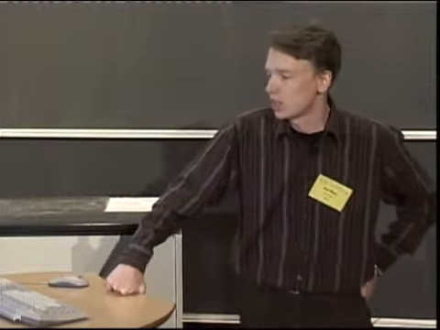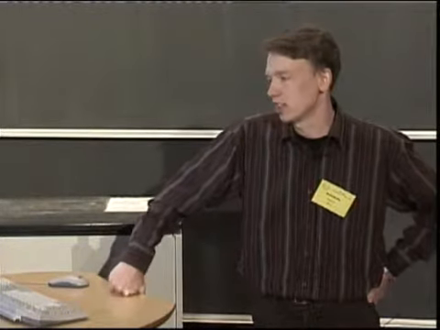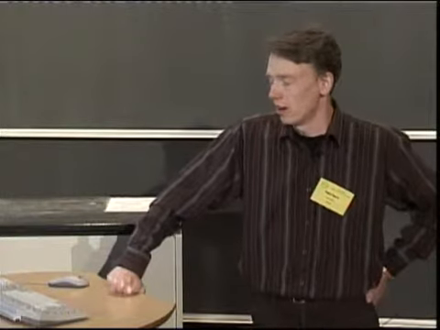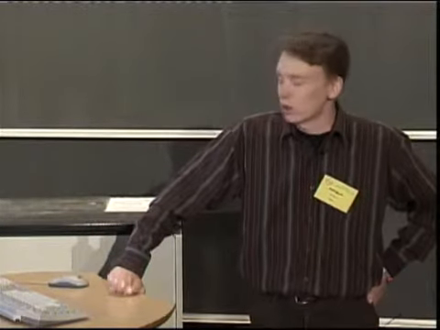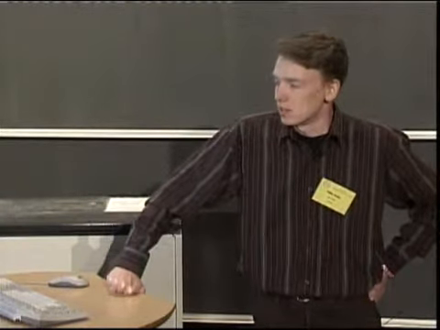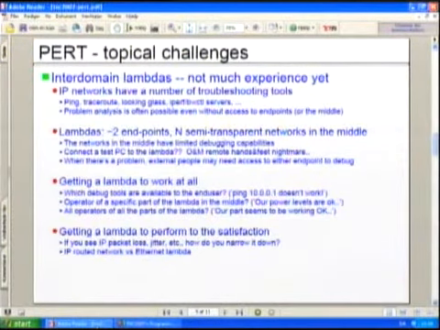Okay, one topical challenge, general challenge I would like to mention here, because in this conference we have talked a lot about these light path networks, and there hasn't been so much experience debugging the problems with those networks yet, at least to my knowledge.